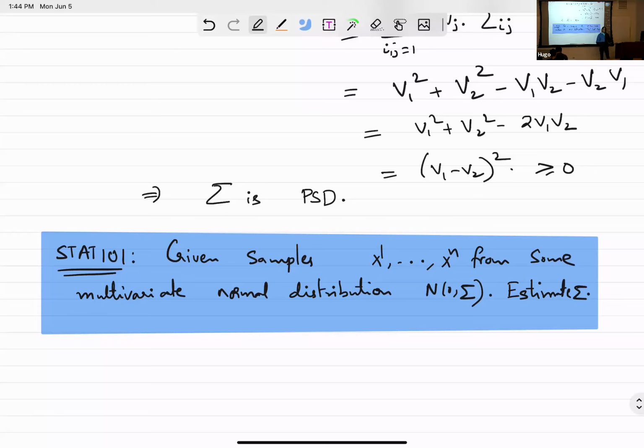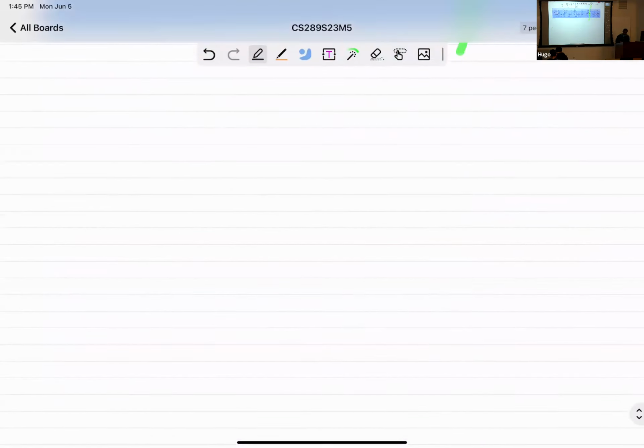If I tell you this, what would you do? We don't know what sigma is. We're just given samples from this multivariate Gaussian distribution, and I'm asking you to estimate what sigma is. Think about what you want, right? We have a formula for what sigma_ij is.